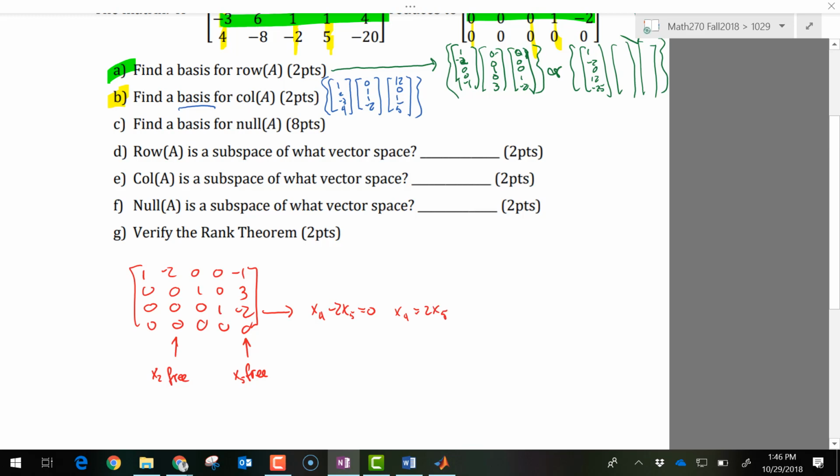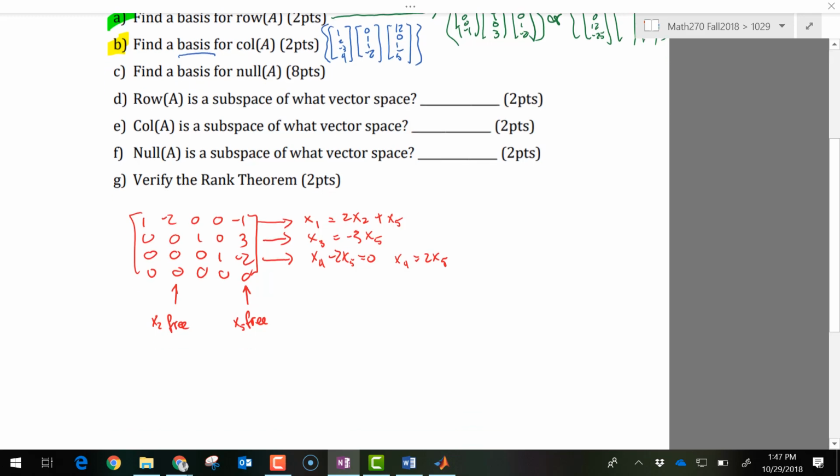The nice thing about the reduced row echelon form is that it's easy to solve for because there's a bunch of zeros and ones. x3 is equal to -3x5, and x1 is going to be 2x2 + x5. So if you have a reduced row echelon form, then solving for x1, x2, x3 will be a lot easier because you don't have to substitute and replace, since you already did that in the matrix.